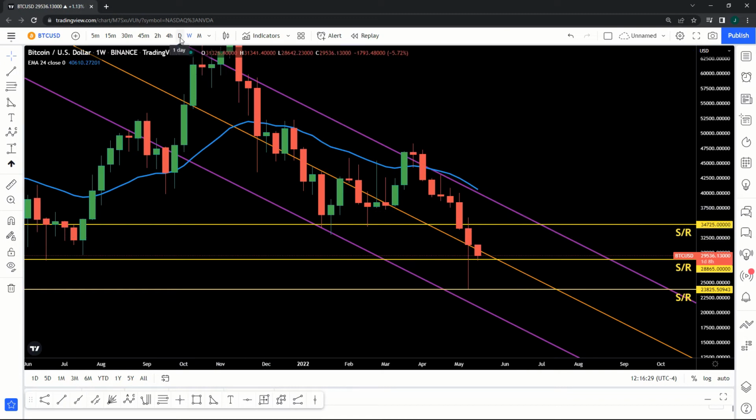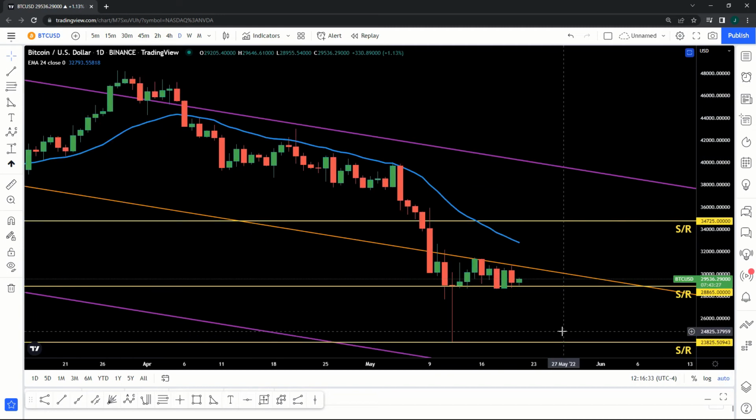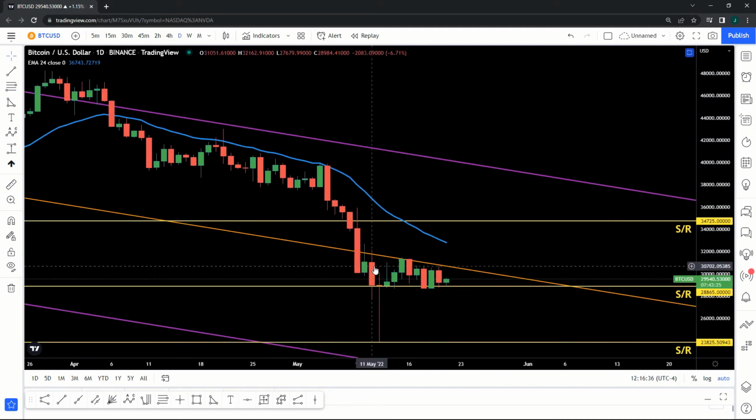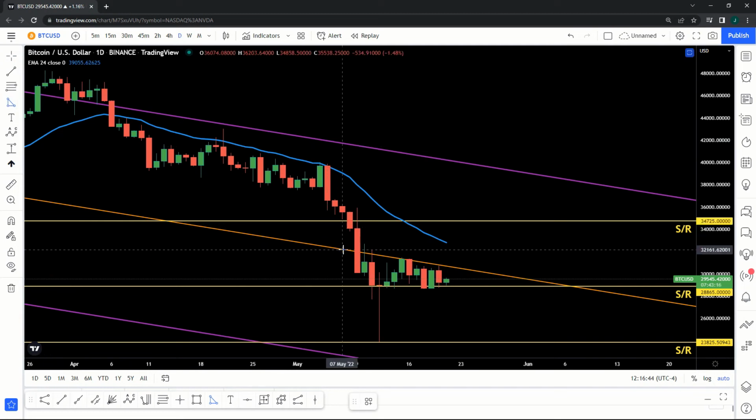And toggling down to a lower time frame, right? We can see that based on the daily candlestick, it's approaching a wedge pattern, right? So here we have a wedge.